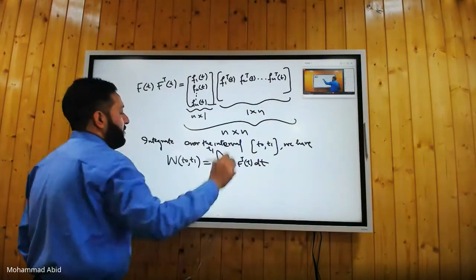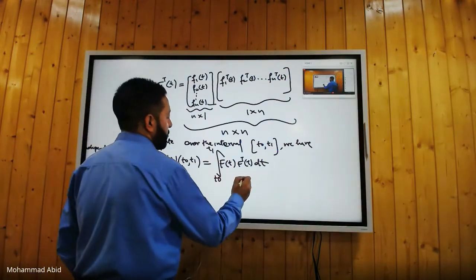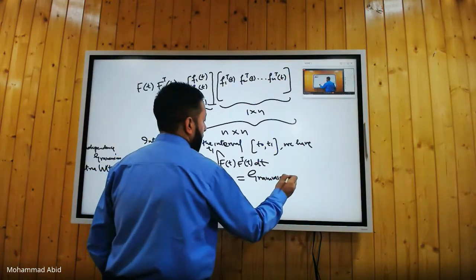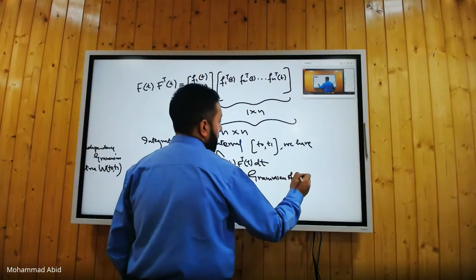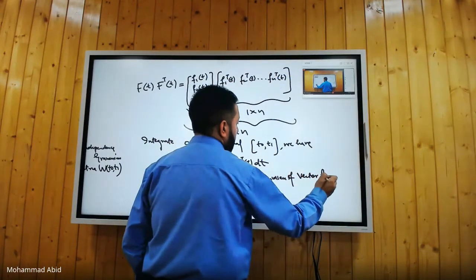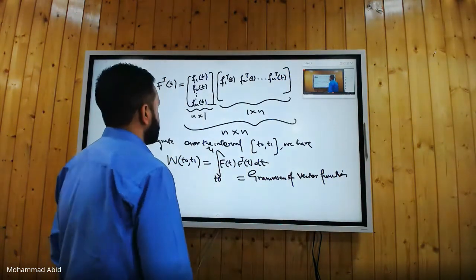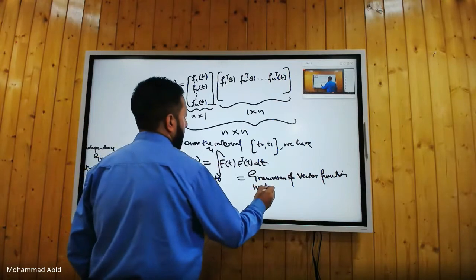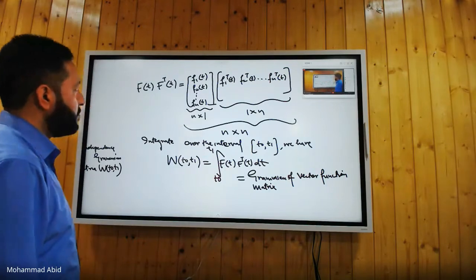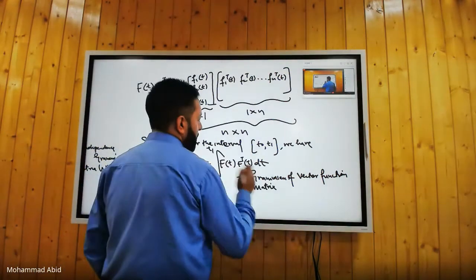That means each individual entry of this integrated over the time interval t0 to t1 is known as the Gramian of the vector function matrix F.